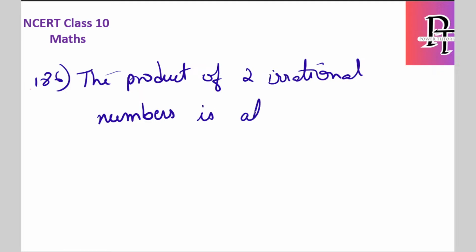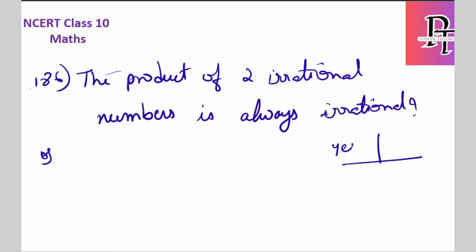So this is a yes or no question, because if you follow my community, you might have understood that not always I will keep 4 options questions, sometimes 2 and sometimes even true or false type of questions, so that everyone can understand the concept. So this question is, the product of two irrational numbers is always irrational. The answer should be yes or no.